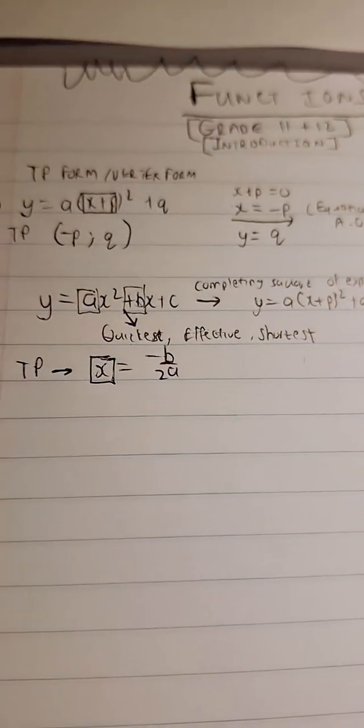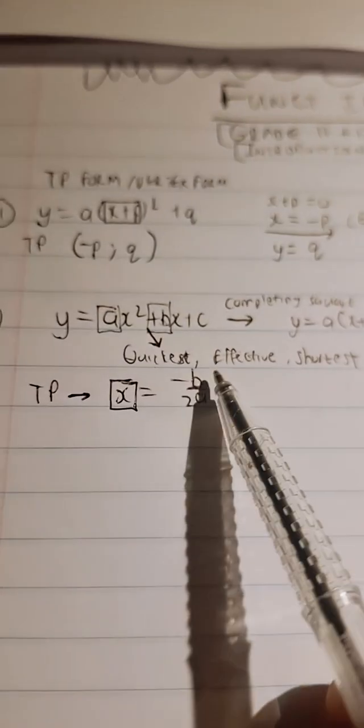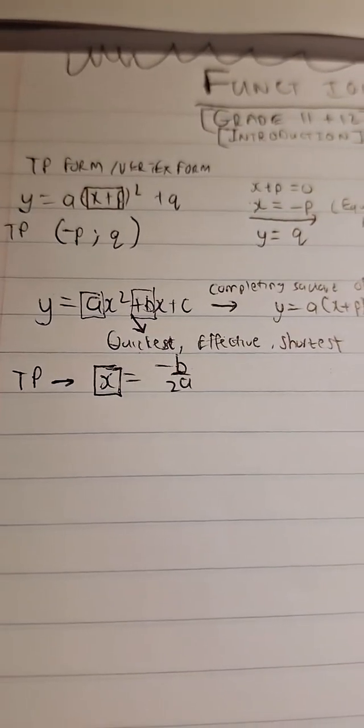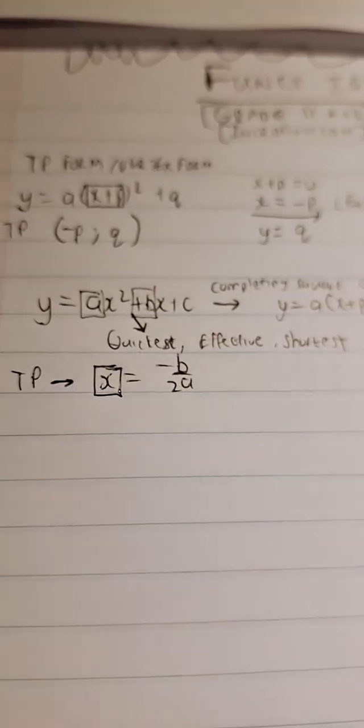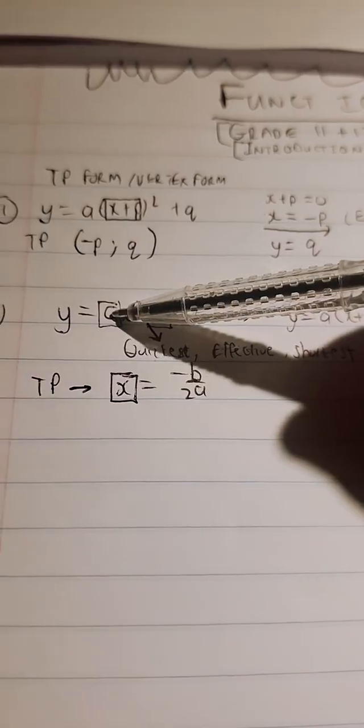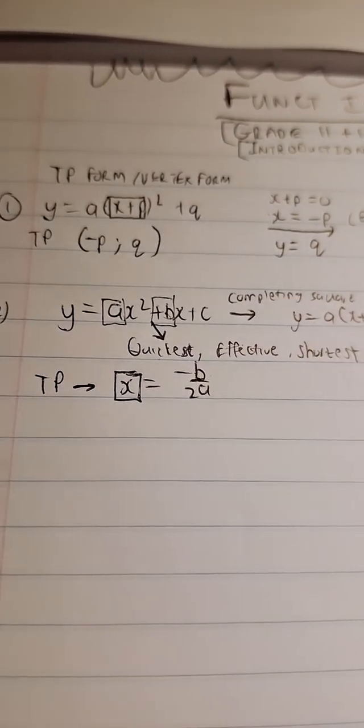Where are you going to get b from? It's the coefficient, the number that comes before x. Where are you going to get the a from? In the standard form, the coefficient of x squared is the a value.